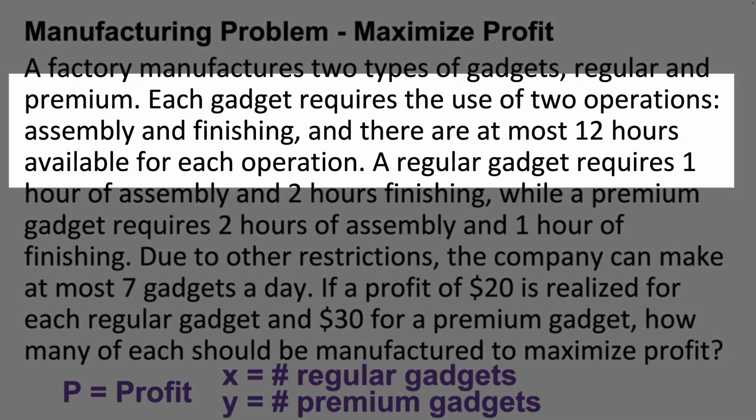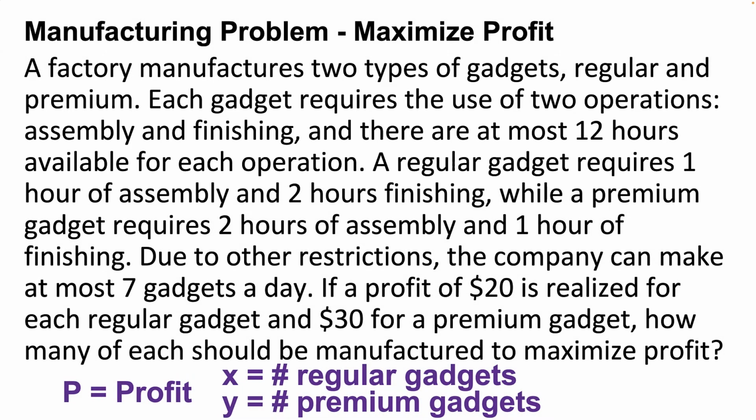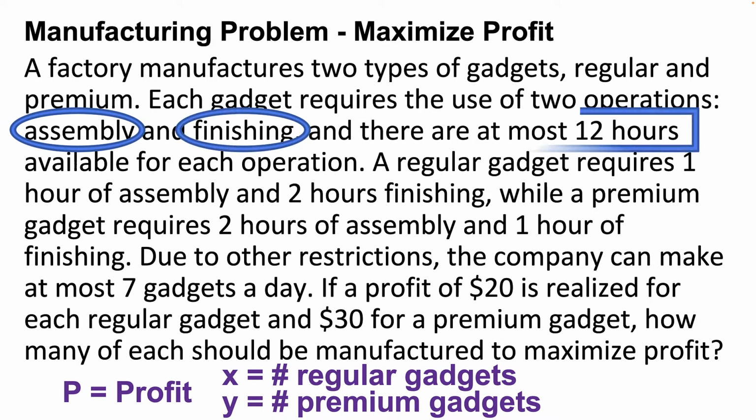It says, each gadget requires the use of two operations, assembly and finishing. There are at most 12 hours available for each operation. That phrase "at most" was one of our key phrases that suggests an inequality. At most is usually represented by less than or equal to.